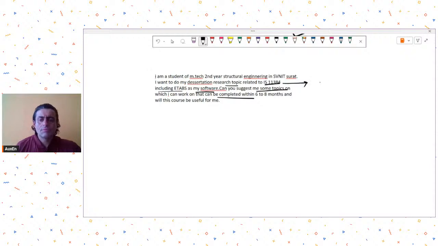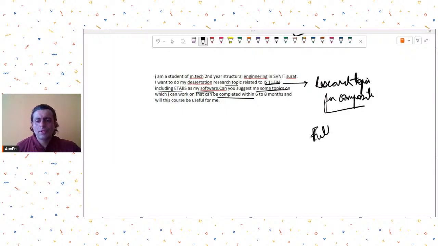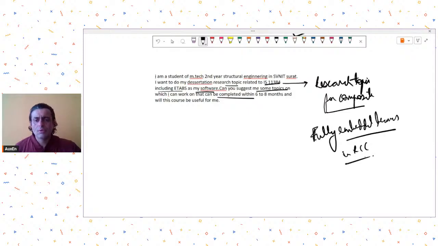So, a research topic for composite structures. Maybe you can work on fully embedded beams in RCC, because there is no codal provision as such for fully embedded beams in RCC slabs or completely in RCC.